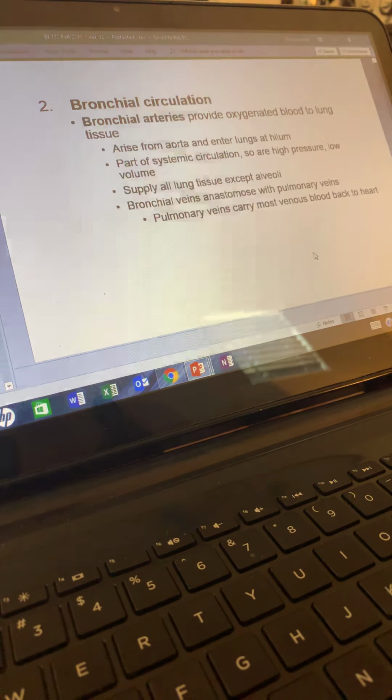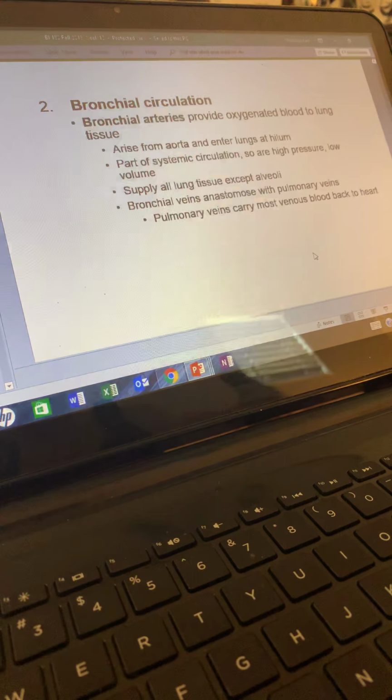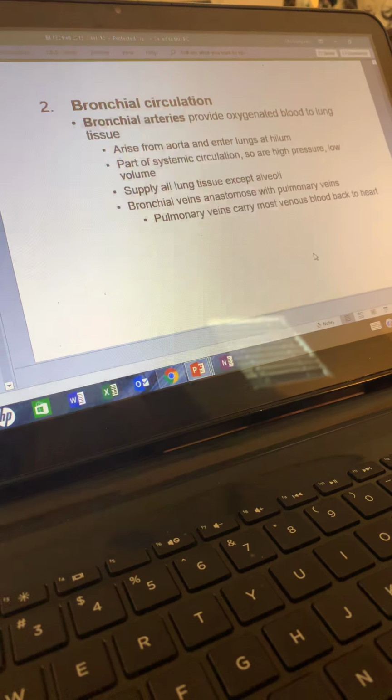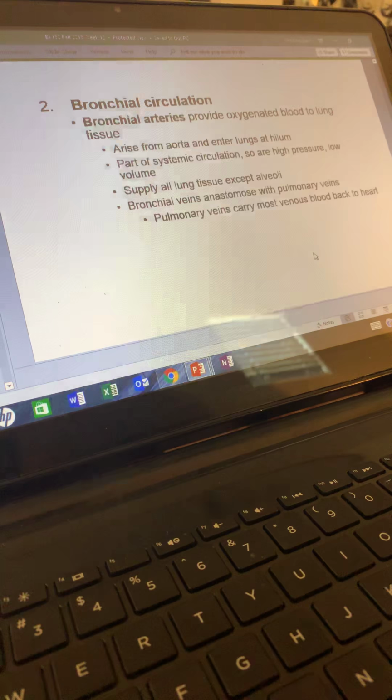So there's two systems. There's the pulmonary arteries that send blood to the lungs to get oxygenated, and then there's the bronchial arteries that actually provide oxygenated blood to the lung tissue itself.